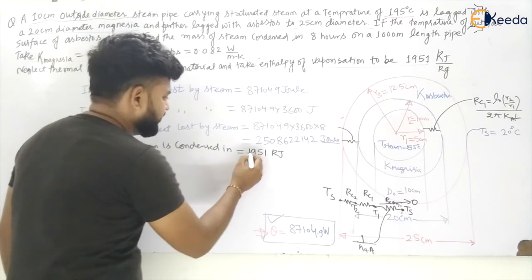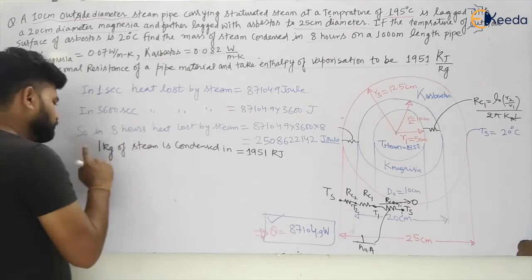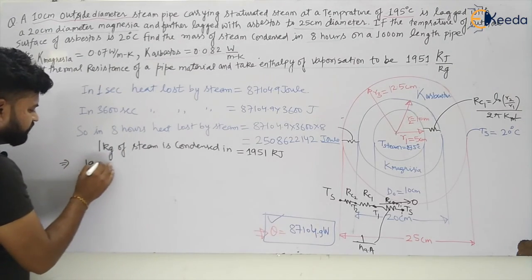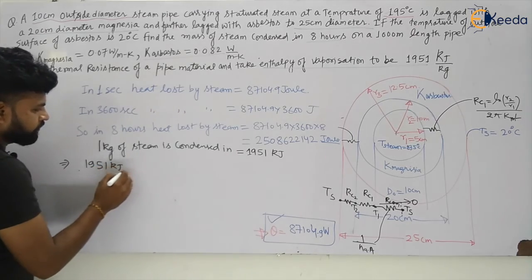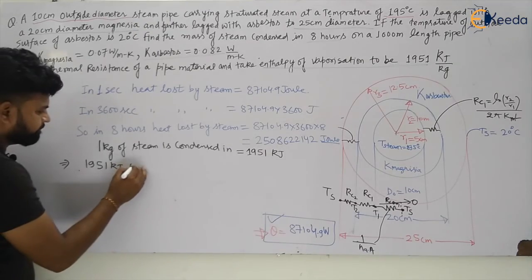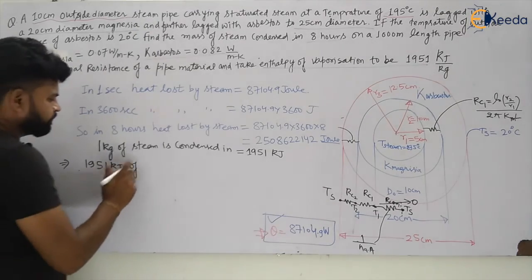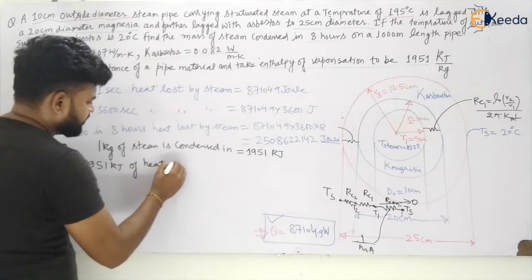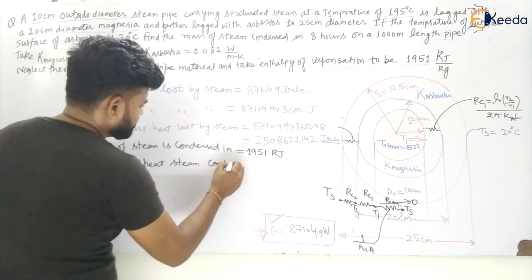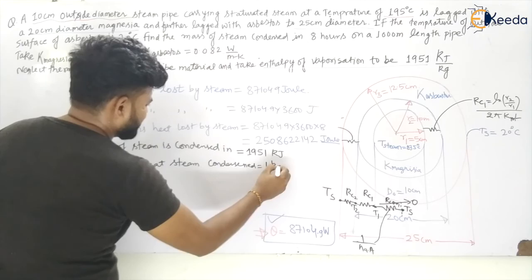So in 1951 kilojoule, 1 kg of steam is condensed. So vice versa is also true. So we can also write that with 1951 kilojoule of heat, steam condensed is equal to 1 kg.